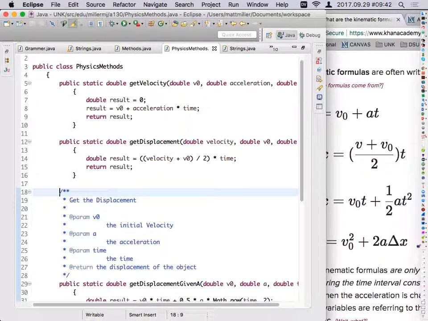So I'll add documentation and say, hey, here's how I did it. And then I go back and I change the code. And I keep changing the code because I have a bug. And I don't go back and update the documentation. So now all of a sudden you have documentation that says one thing and code that does something different.